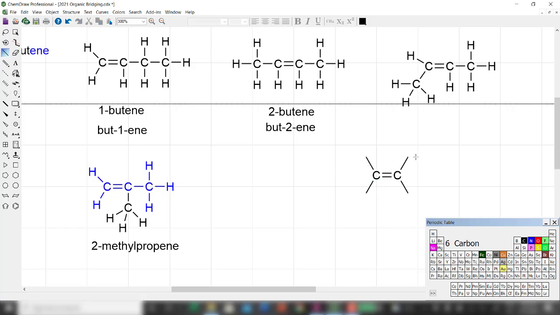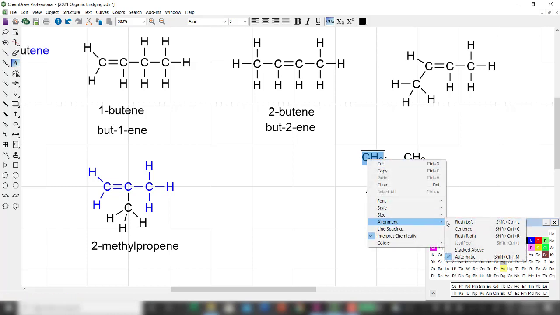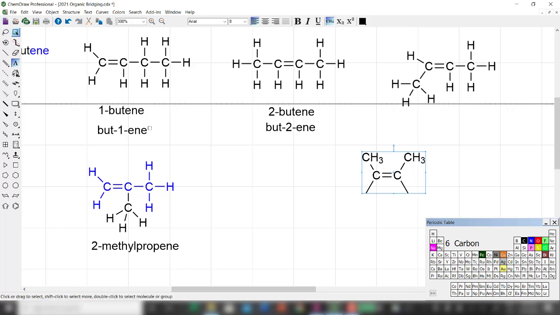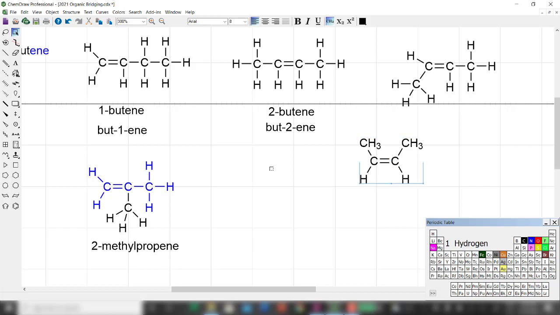I'm not going to draw this plane, so I'm just going to show you this structure, CH3, like this, and then H. We call this cis, specifically cis-but-2-ene. Another structure we'll call trans. So this is cis and this is trans.